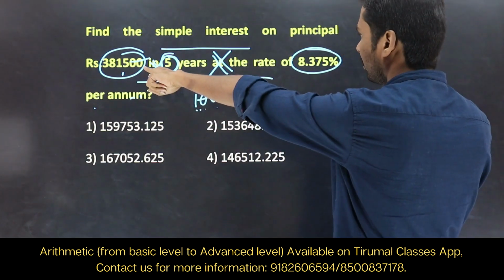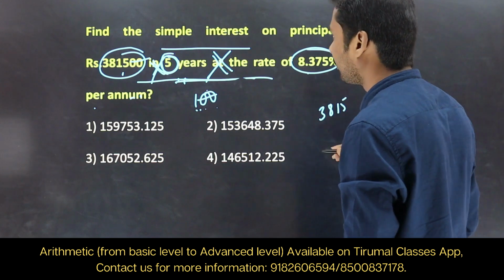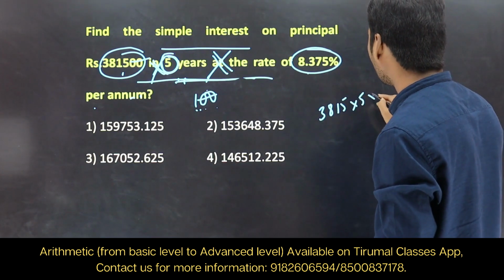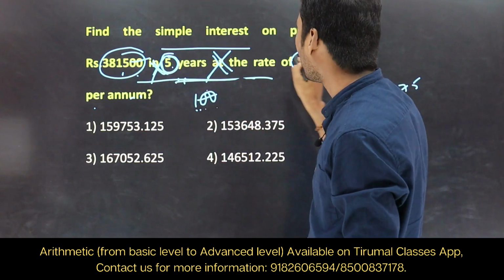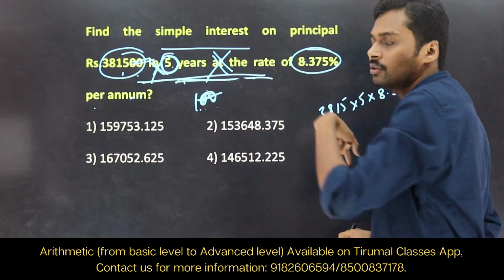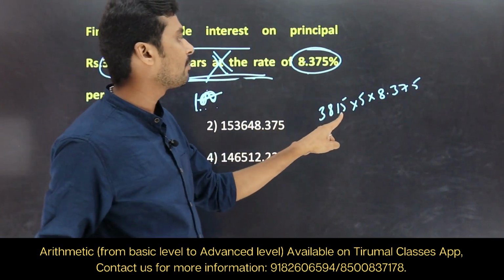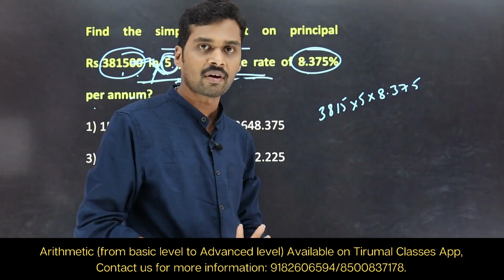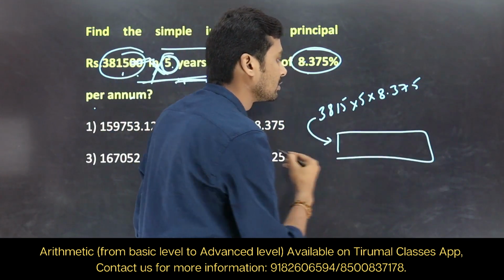What is the remaining number? The remaining number is the product of 3815 into 5 into 8.375. So now we have to take the product, and this is the final answer.